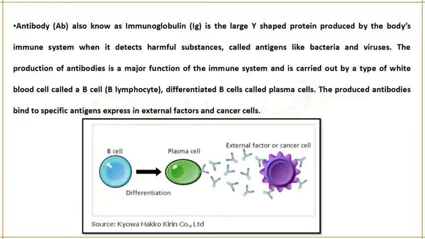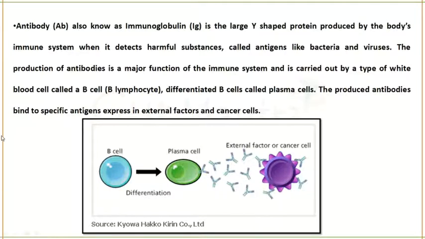B lymphocytes are responsible for the production of antibodies. Differentiated B cells are called plasma cells. After differentiation, they become plasma cells, and a plasma cell will be producing a single type of antibody. The produced antibody will bind to the specific antigen and destroy it.